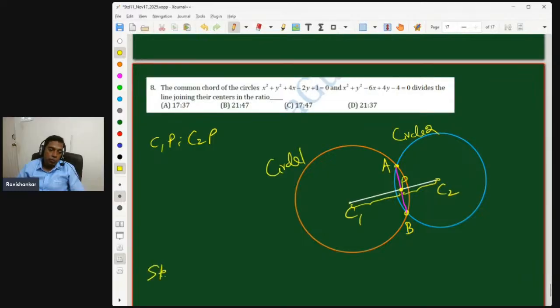So step 1, find the equation of AB, and that should be fairly straightforward.